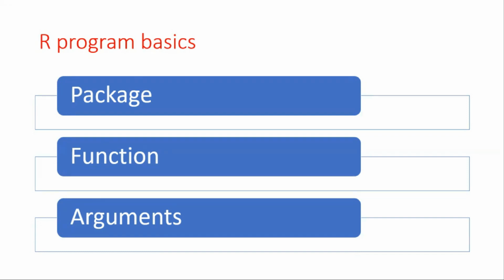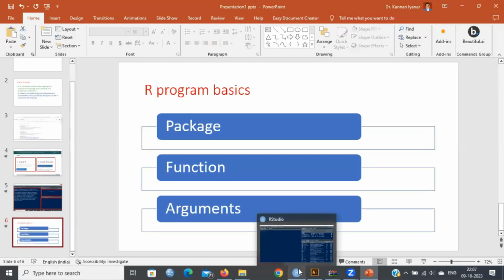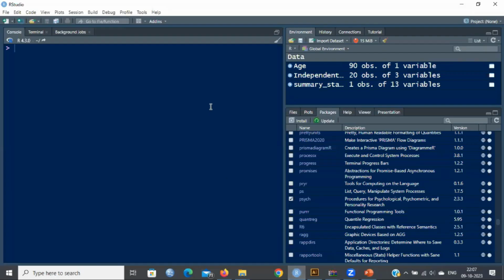So now let us get into RStudio. Now I have opened RStudio. Here you can see the console window, and to the right you can see the environment window wherein some data are being displayed.